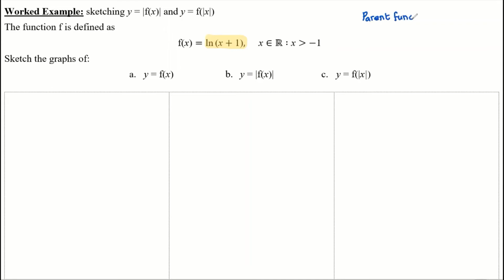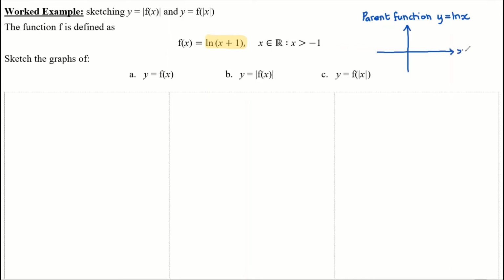Because it is a transformation, because we have x plus 1 inside the function there. So the parent function would simply be the natural log, just sketching the graph of y equals the natural log of x. If you wanted to sketch that, it's fairly simple.